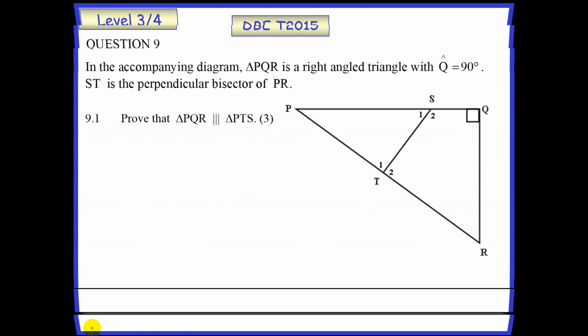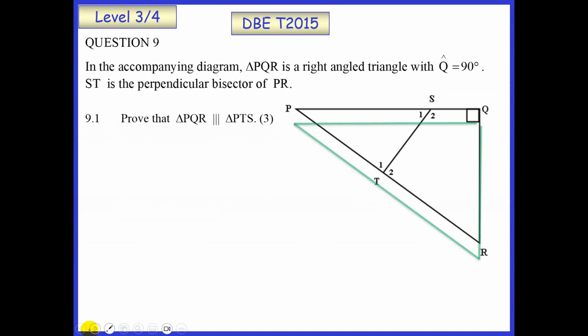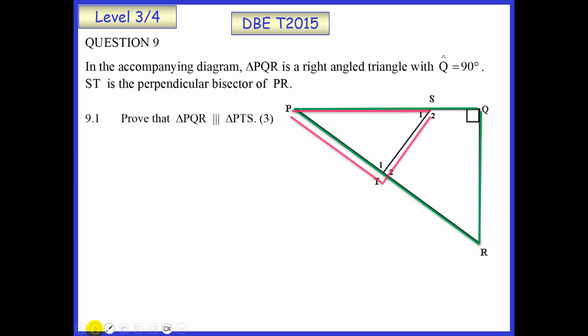So let's go a little deeper into that. It now wants us to prove that triangle PQR is similar to PTS. So I've highlighted the big triangle PQR, and now I'm going to highlight the small triangle PTS.